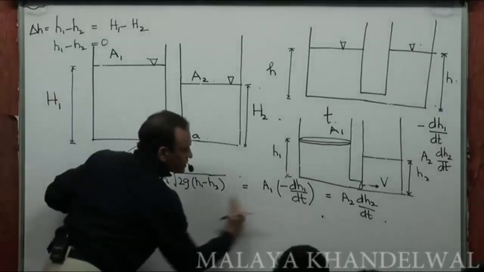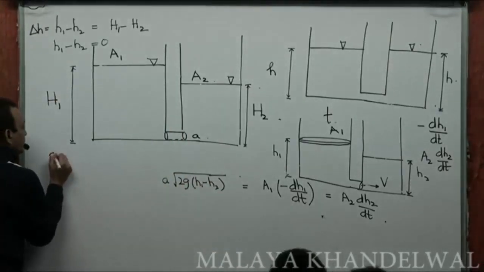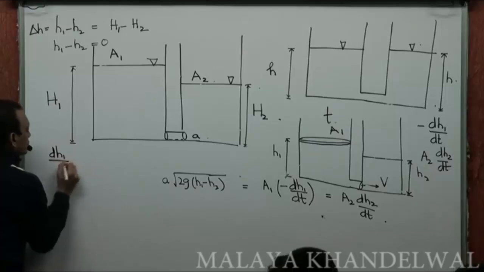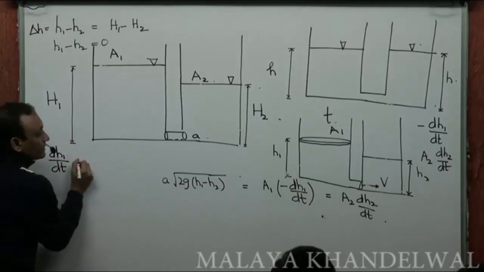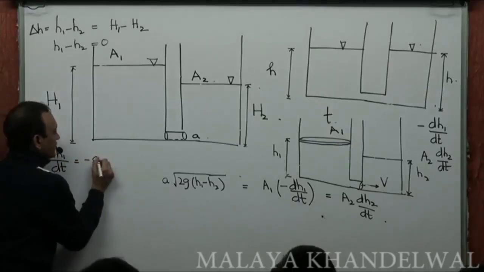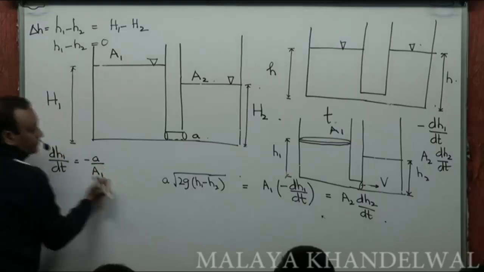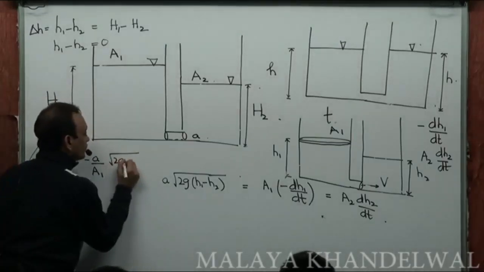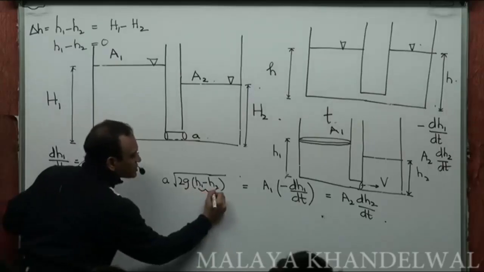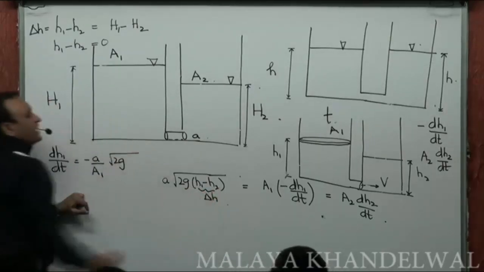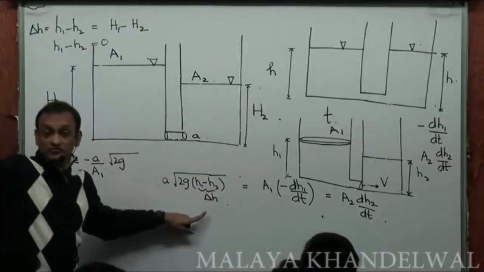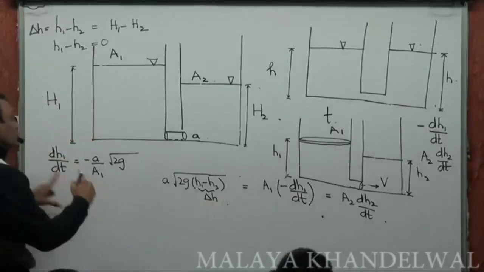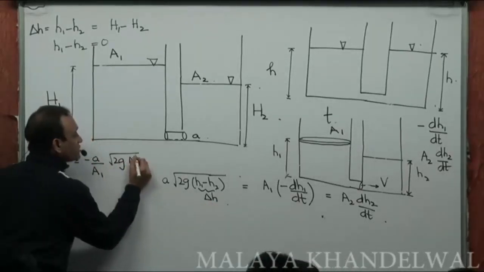So, if I use these two, then dh1/dt is minus a by A1 into root 2g. Can I write this as delta h, the intermediate difference in the heights? Delta h is a function of time. This is delta h, right? So into root delta h.